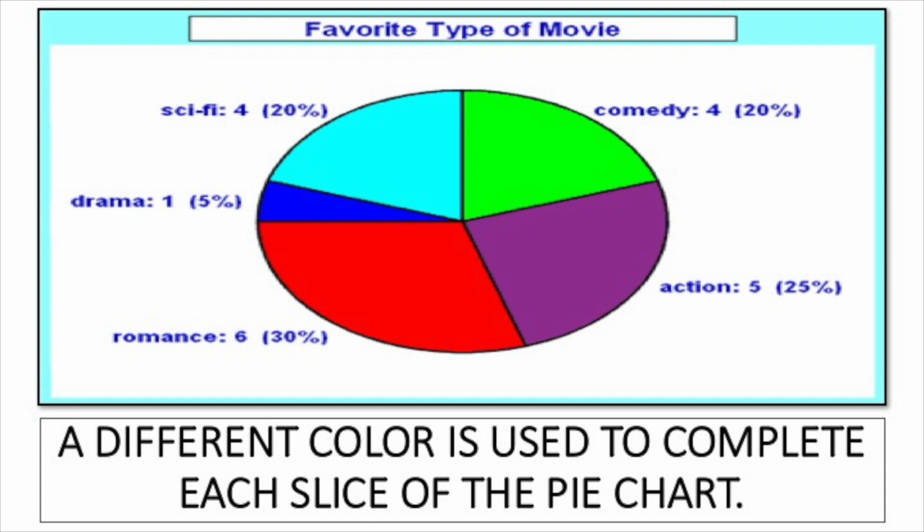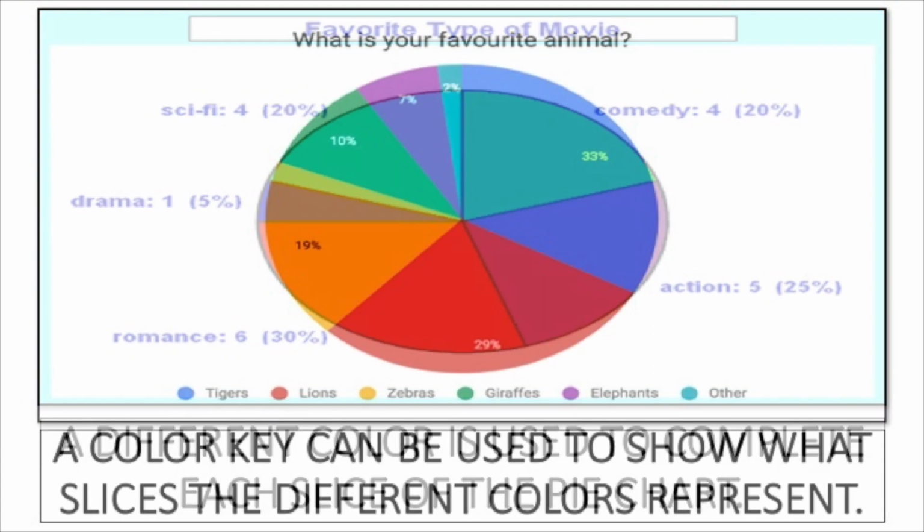For example, here, what does the green segment of the pie represent? How many percent? 20%. And how about the purple segment of the pie? 25%. You see, by using different colors for the different slices of the pie, it's easier to tell the information.